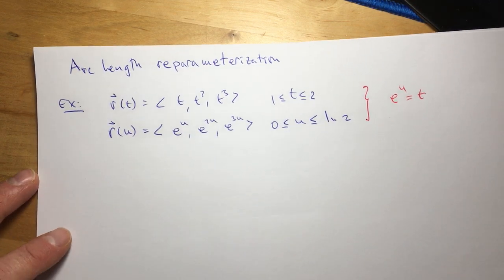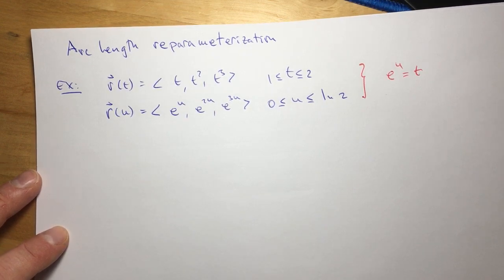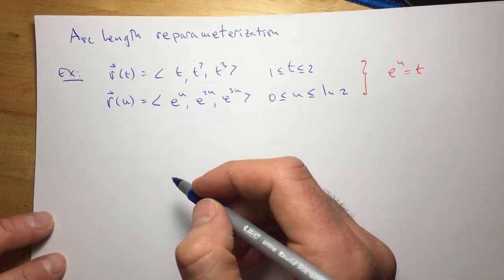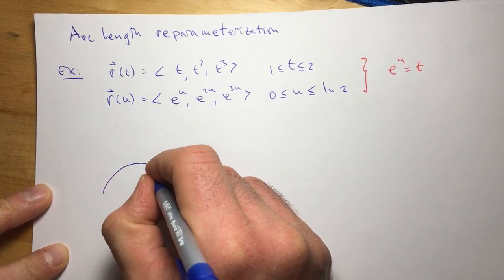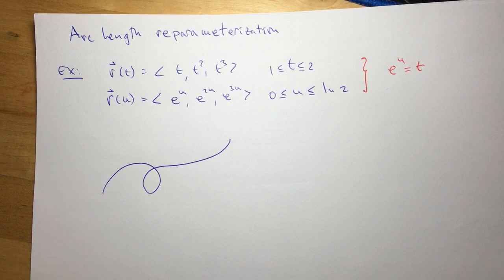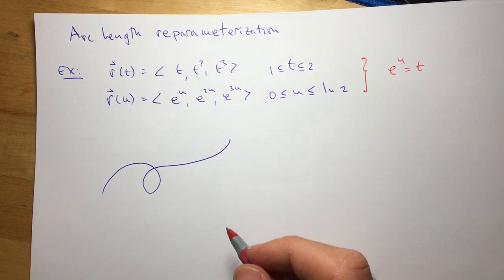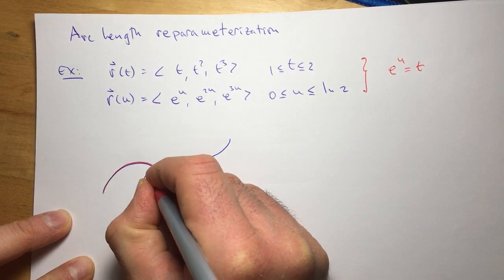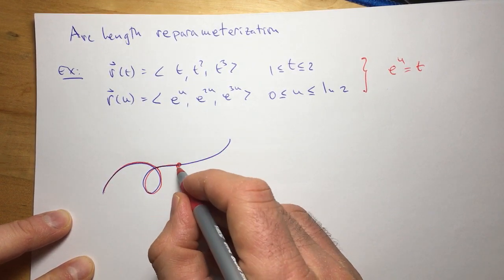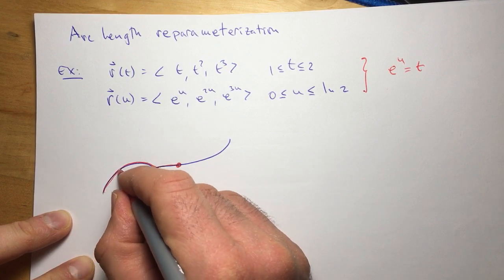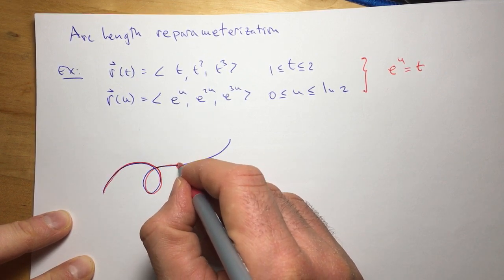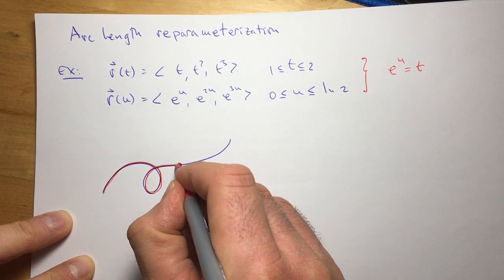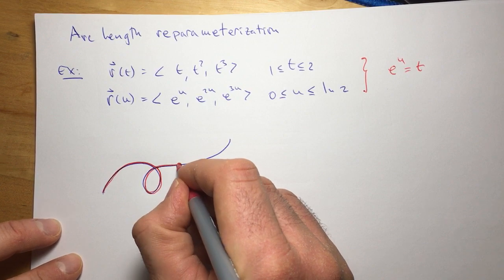Now we're going to talk about reparametrization with respect to the arc length. Why? Imagine if you take a stroll in a park. How are you going to describe your path? If you start walking over this path, you want to describe this point right here with respect to how much distance you have covered all the way up to here.